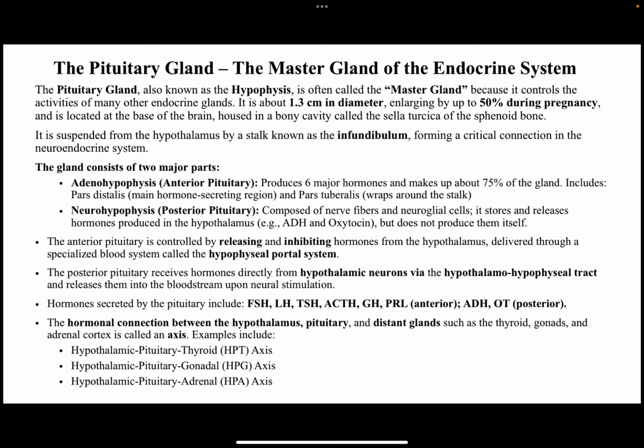So we have releasing and inhibiting hormones produced by the hypothalamus, which regulate the activities of the pituitary gland, especially the anterior pituitary.